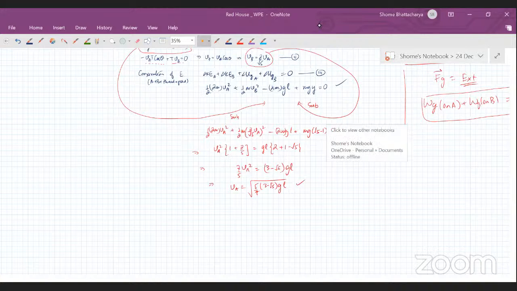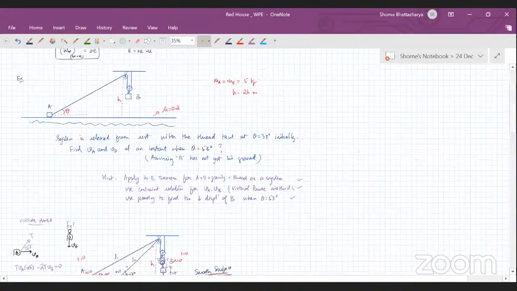Okay, now for a moment, we'll just go back to your question about the previous one. How can we find the constraint relation without using virtual power?